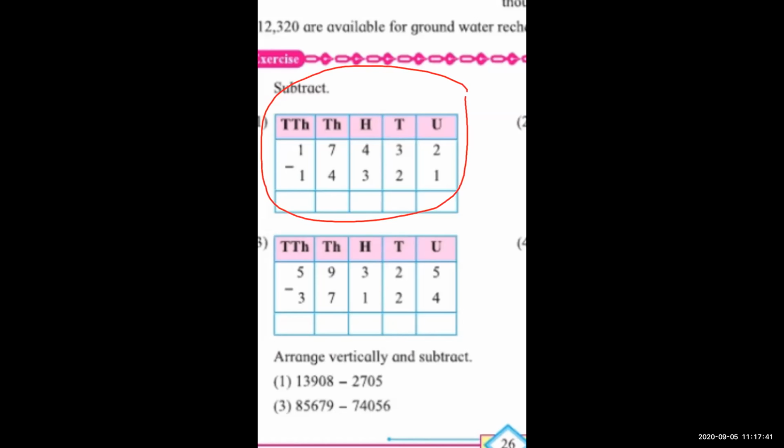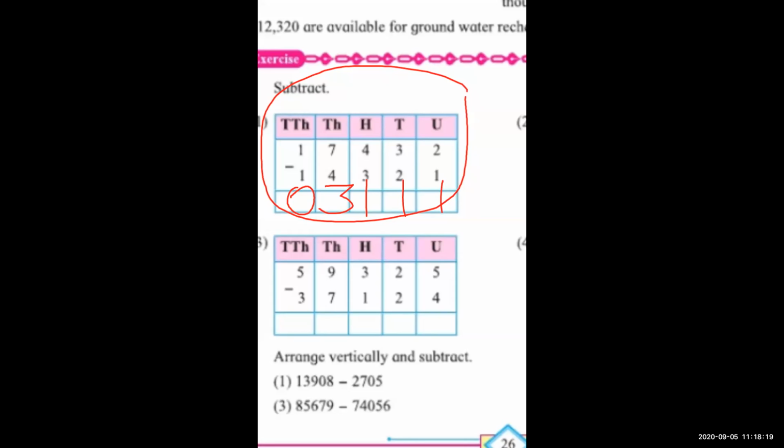Now 2 minus 1, your answer is 1. 3 minus 2, your answer is 1. 4 minus 3, again your answer is 1. 7 minus 4, yes, the answer is 3. 1 minus 1, your answer is 0.